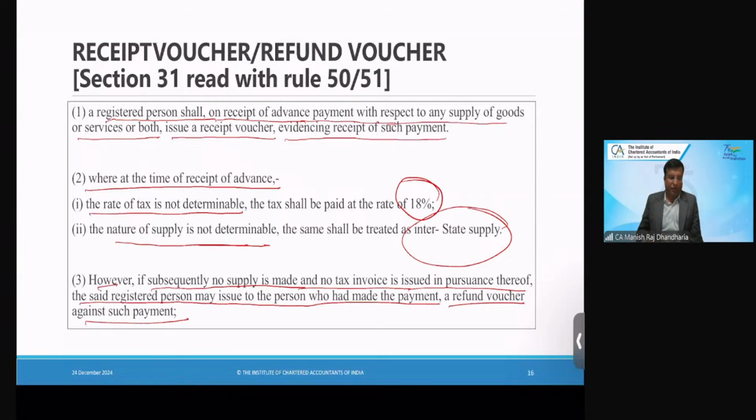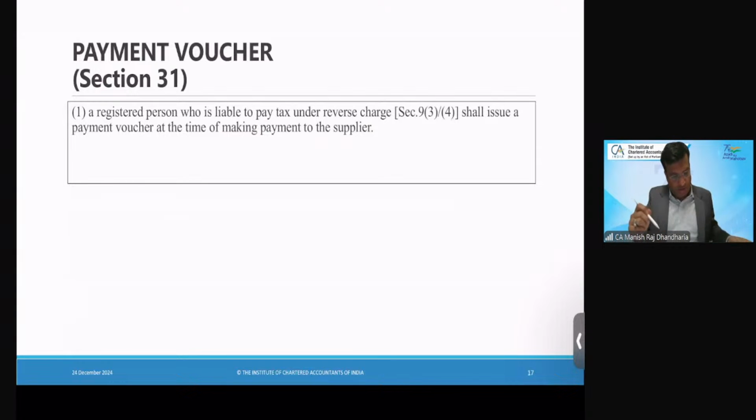Check. Now, next point. Payment voucher.